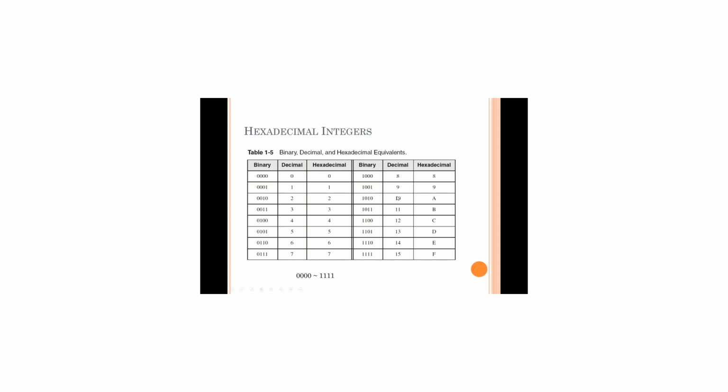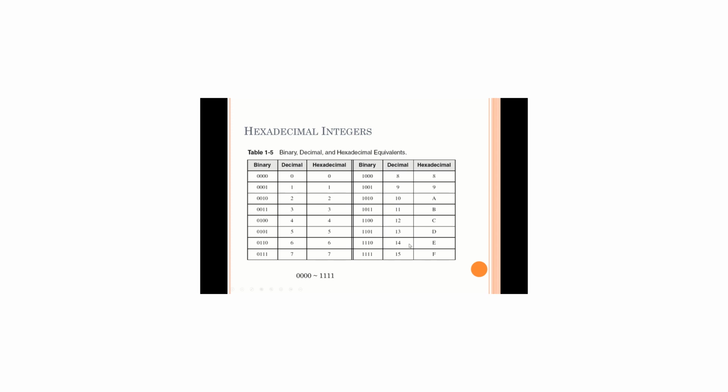However, in a hexadecimal number system, there are 16 digits, right? From 0 to 15. So how do you represent 10? The hexadecimal number system uses the letter A to represent 10, B to represent 11, C to represent 12, and so on and so forth, and F to represent 15.